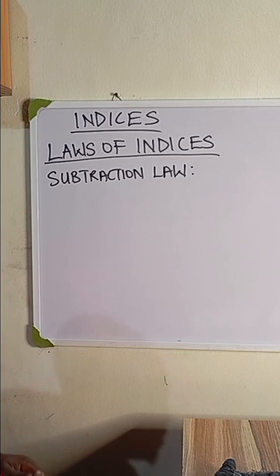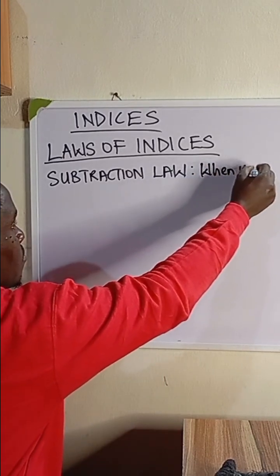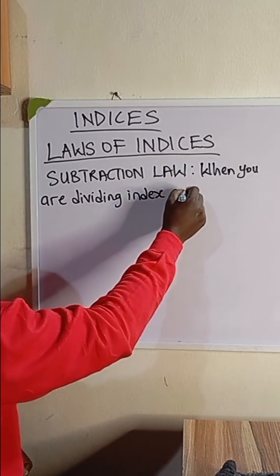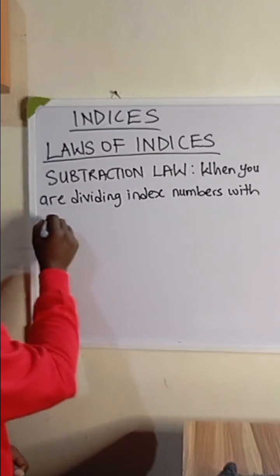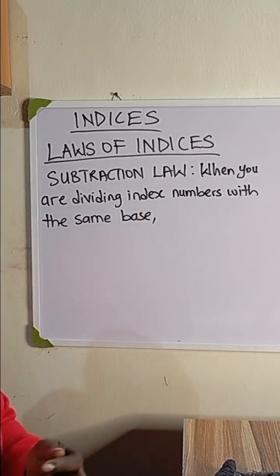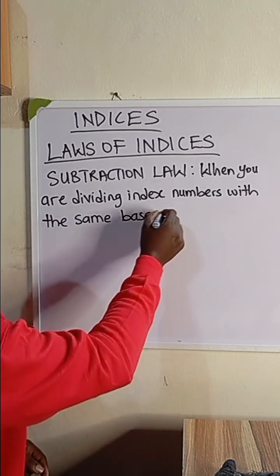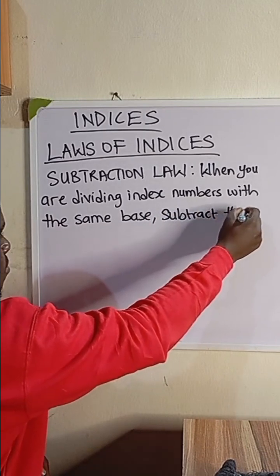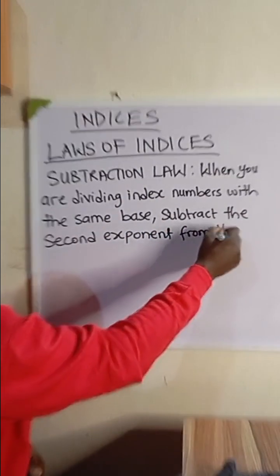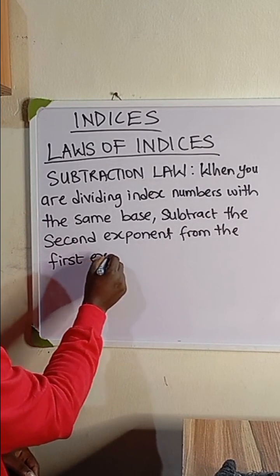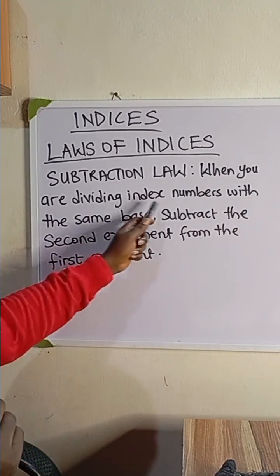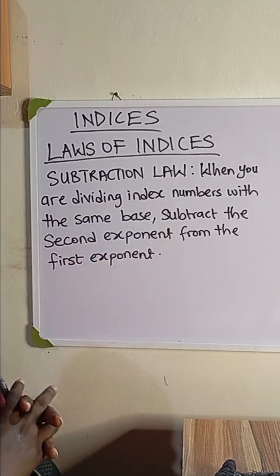But when you are dividing index numbers with the same base, all you need to do is subtract the second exponent from the first exponent.